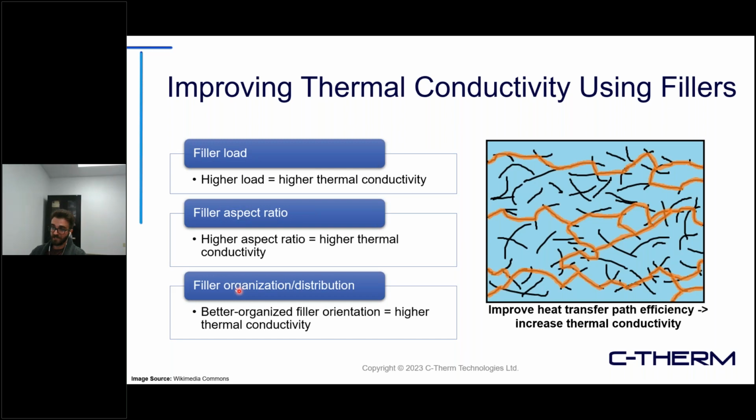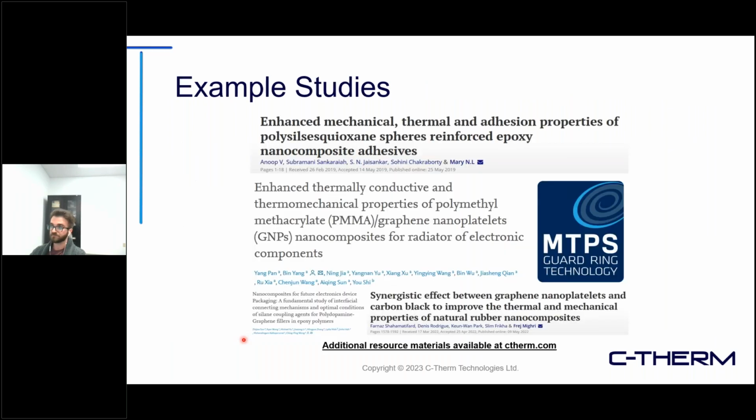Generally speaking, if the system that you're generating is well organized, has better pathways for heat transfer, that will also result in a net increase to that performance. So there's a few different areas here, but of course all under the guise of the fillers really doing all of that work.